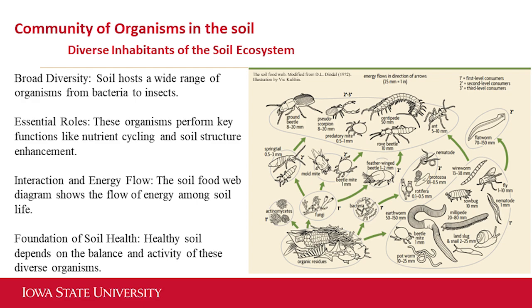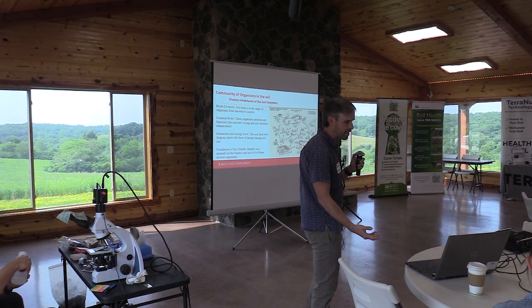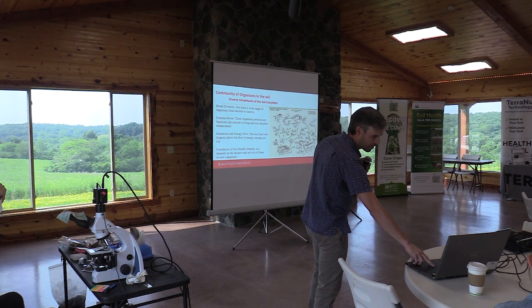We start with the microscopic actinomycetes, fungi, and bacteria, and we move up to the second layer of the soil food web where we have some beetles, mites, and protozoa, and then the final layer where we have centipedes and millipedes and larger insects, all of which work together to help support soil health and soil biology.